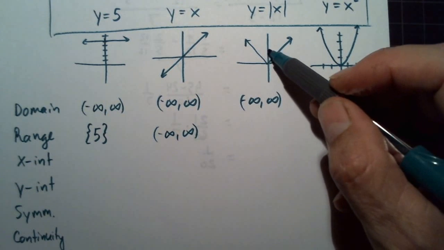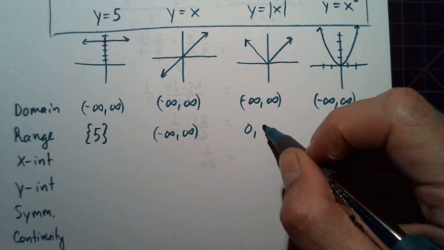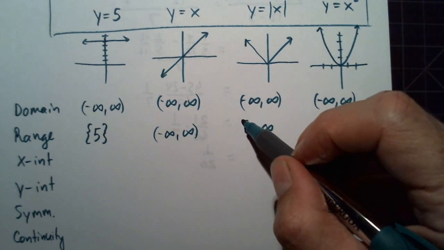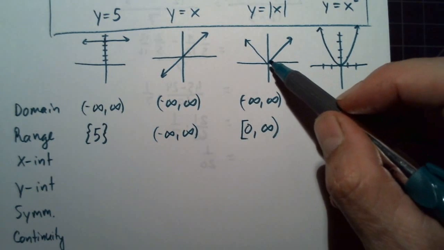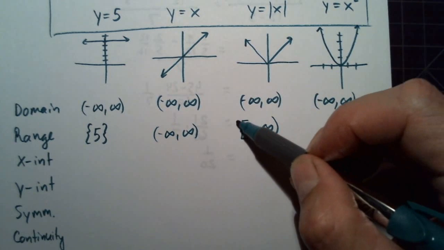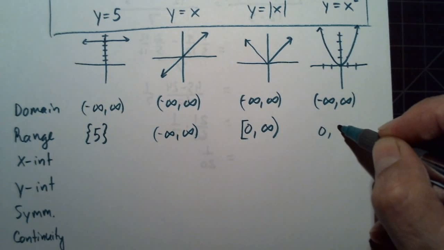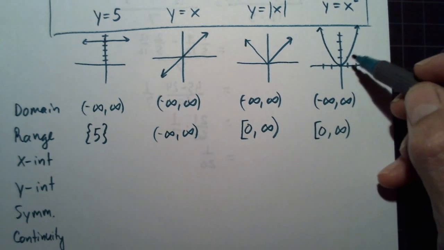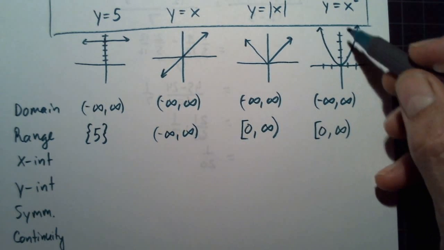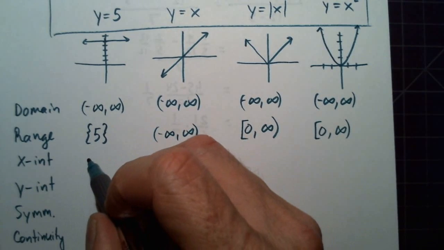We have a 0 and then positive. So it starts at 0, goes to infinity, and we are starting at 0 and including it, so we have a bracket there. And that'll be the same for the parabola, starting at 0 and going to infinity for the range.